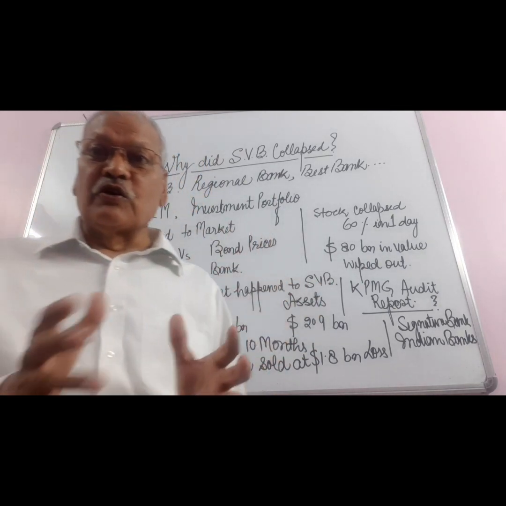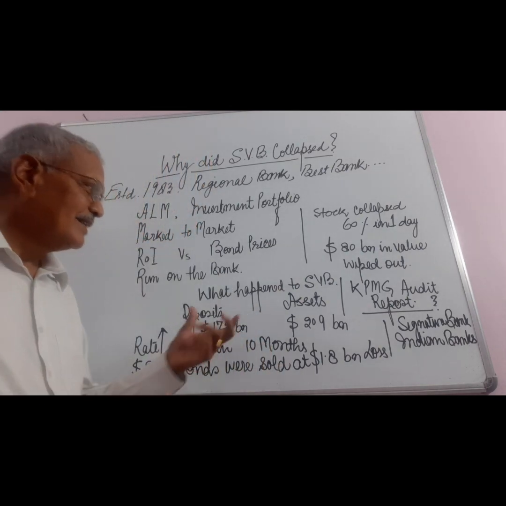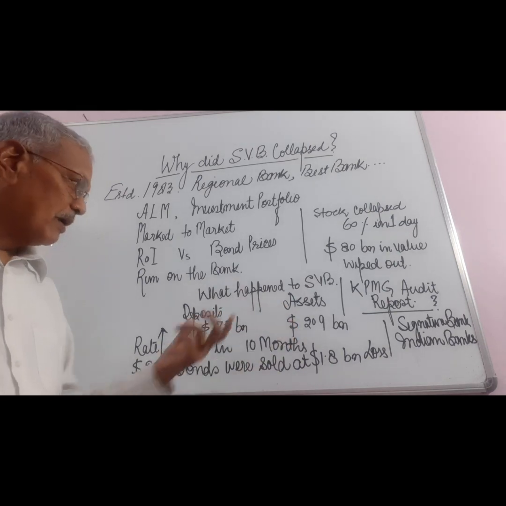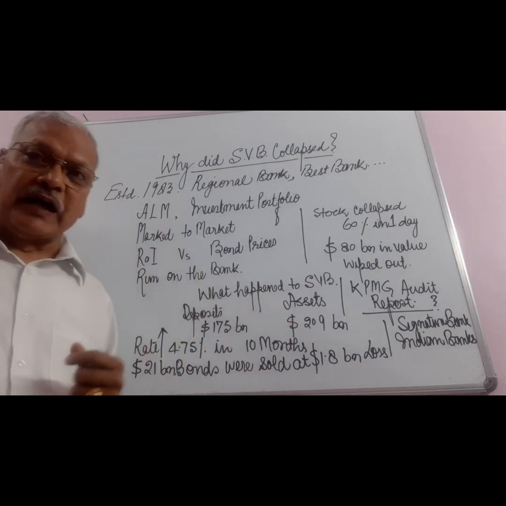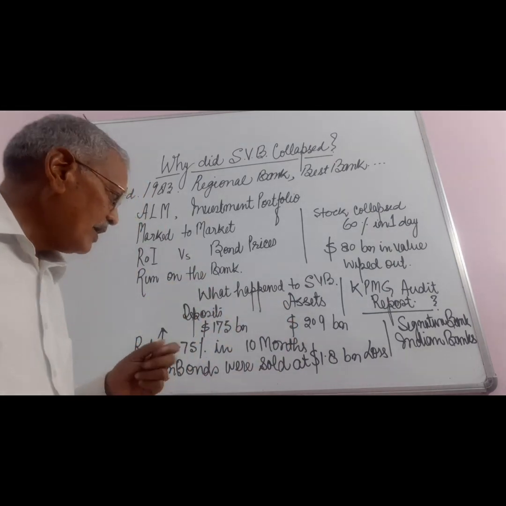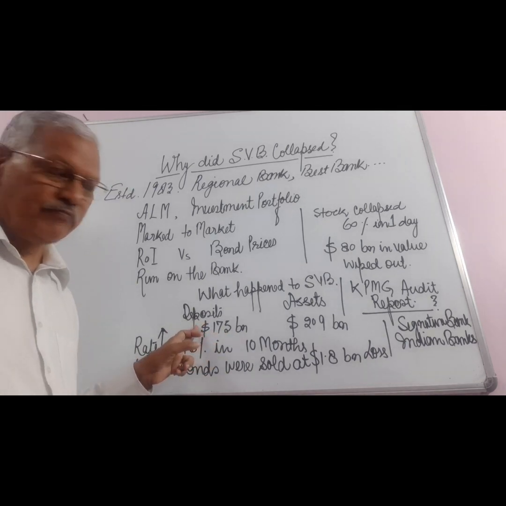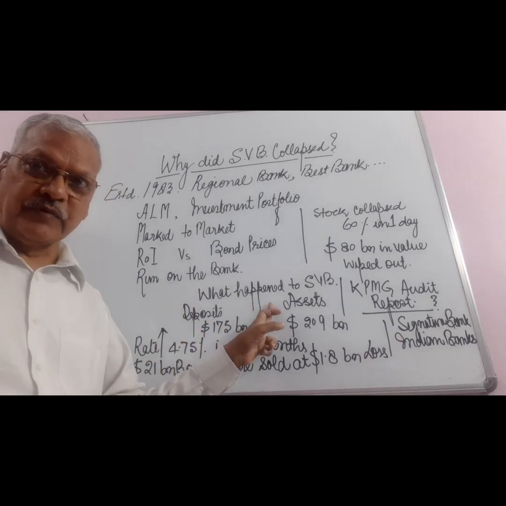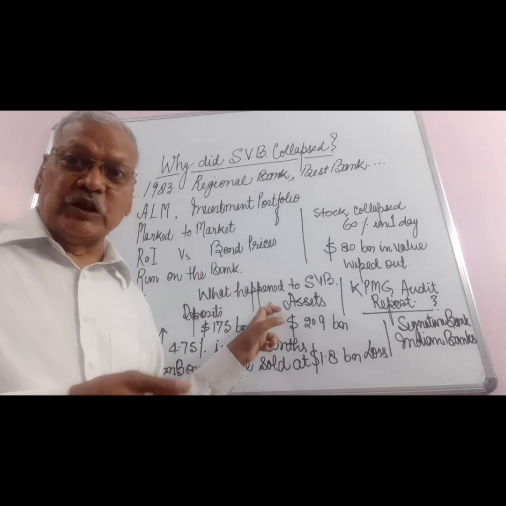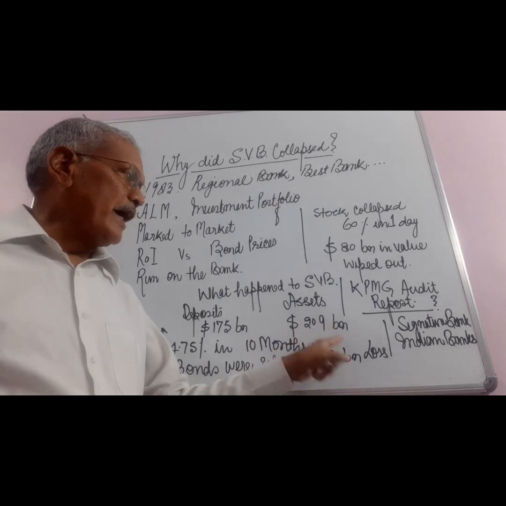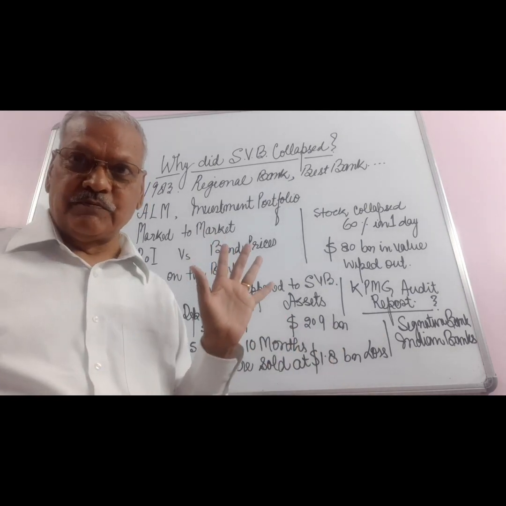In case of Silicon Valley Bank, on the basis of the current figures available, the deposits of the bank stood at $175 billion. Their assets, meaning advances and investments, stood at $209 billion.